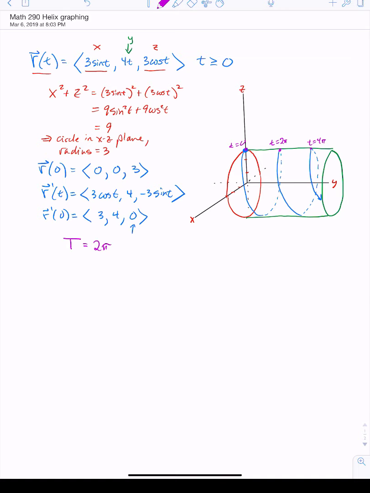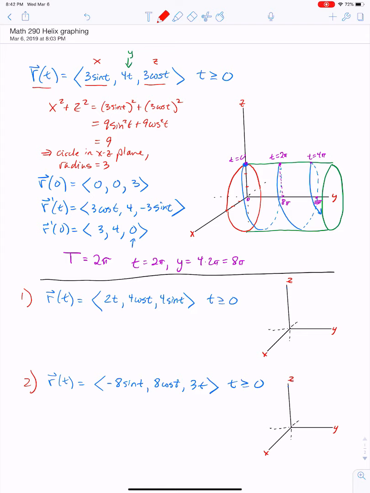When t is equal to 2 pi, the y value is equal to 4 times 2 pi, which is equal to 8 pi. So this point right down here on the y-axis is 8 pi. So we've gone from 0 to 8 pi in one complete cycle. Now, when you get to this point, that would then necessarily be 16 pi.